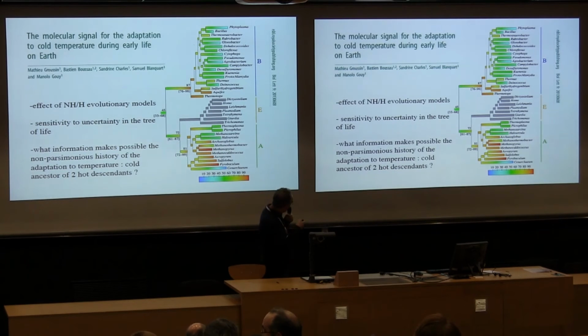So I will show you the effect of doing that or not doing that. Then, what is the sensitivity to the uncertainties in the tree of life? Because of course there are many uncertainties in the precise shape of the tree of life. And what information makes possible this non-parsimonious result we observed? That is, the ancestor of two thermophilic organisms is not predicted to be itself thermophilic.